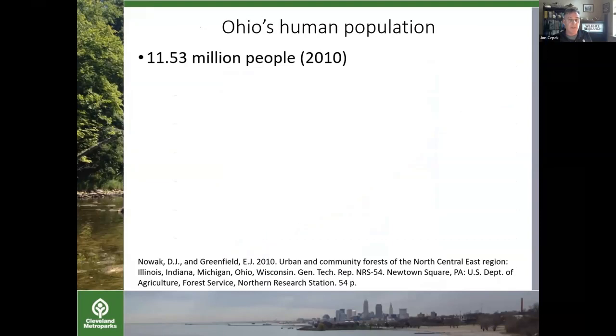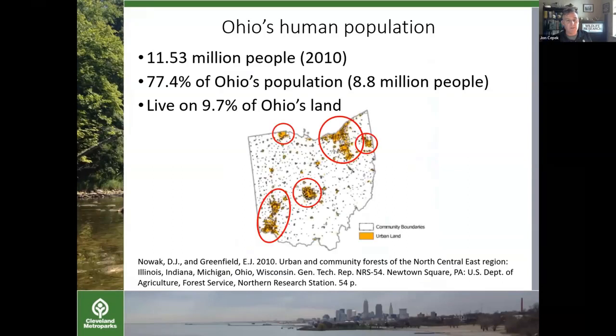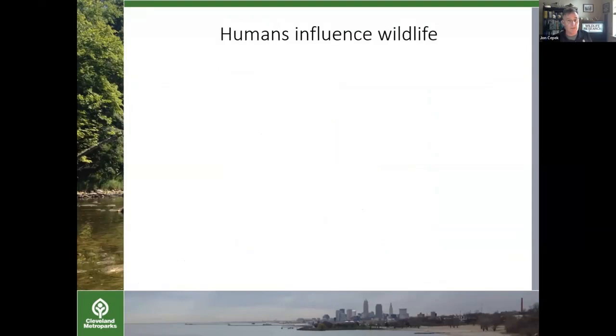But the interesting thing is, of those 11.5 million people, almost 80% of the population, 8.8 million people, live on less than 10% of Ohio's land. So the result is this concentration in modern Ohio of our species in developed or urban areas, and this continues to grow. And humans influence wildlife, especially in these urban areas.